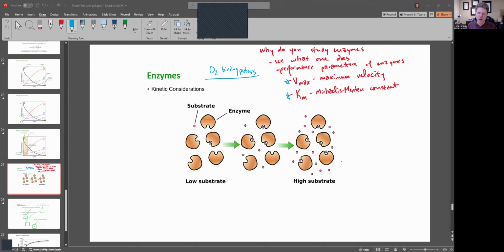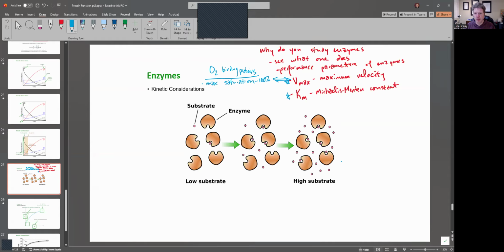Now, this is similar to an oxygen binding protein, because oxygen binding proteins have a maximum saturation, where basically it's 100% saturated with its ligand. So I want you to think about Vmax and the 100% saturation as being analogous to one another.